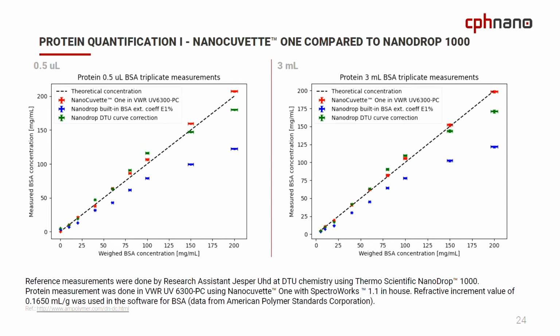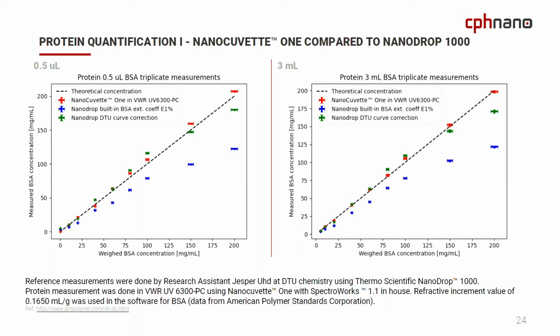On the right side, we have the 3 milliliter BSA measurement, and we have done the same measurement with the same labels: the blue and green are the NanoDrop data, and the red is our data with NanoCuvette One and SpectroWorks together with the UV 6300 PC from VWR. It gives a similar pattern without the correction factor.